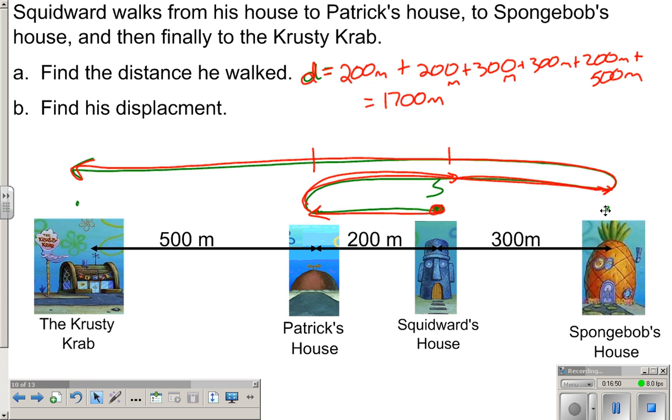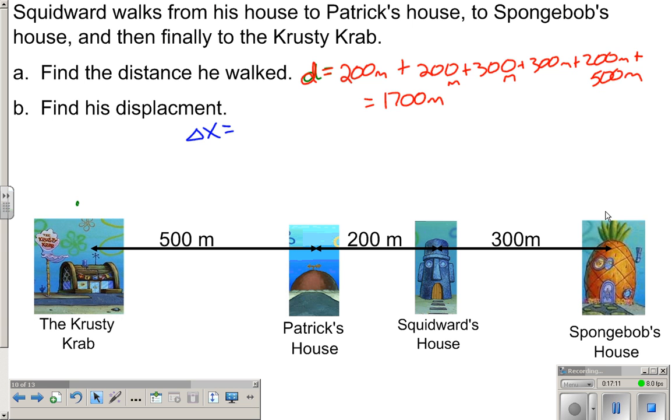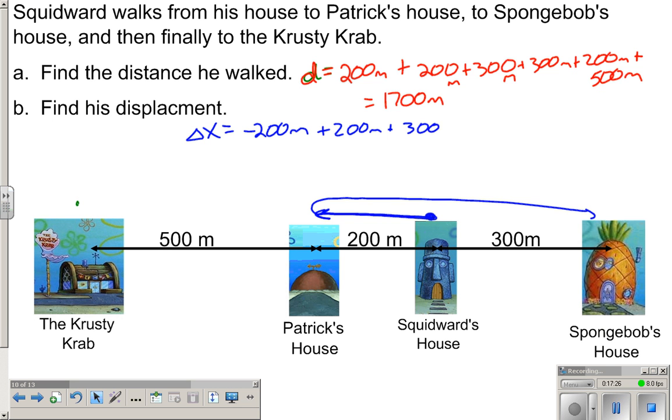Okay. Now, to find the displacement, there are two ways you could find the displacement. One way to do it would be to do the same thing, but watch your signs. So when I do that, okay, let me clean up my drawing a little bit here. When I find my displacement, from my starting point, remember, we're going to have negative 200 meters, plus 200 meters, plus 300 meters, plus negative 300, negative 200, and negative 500.